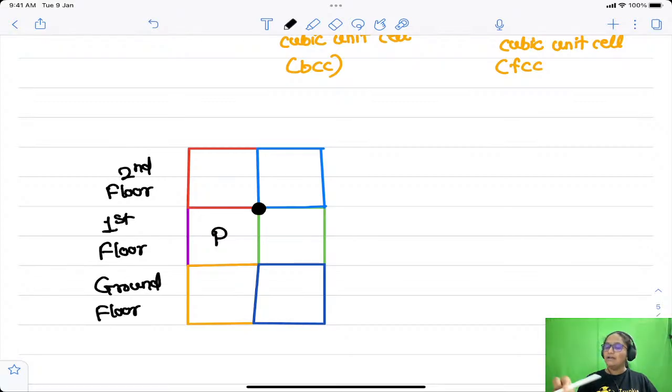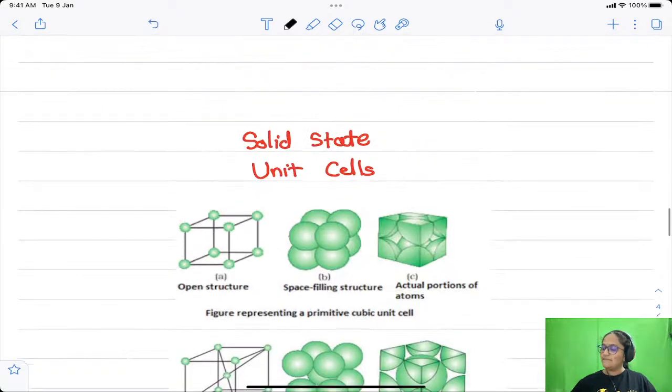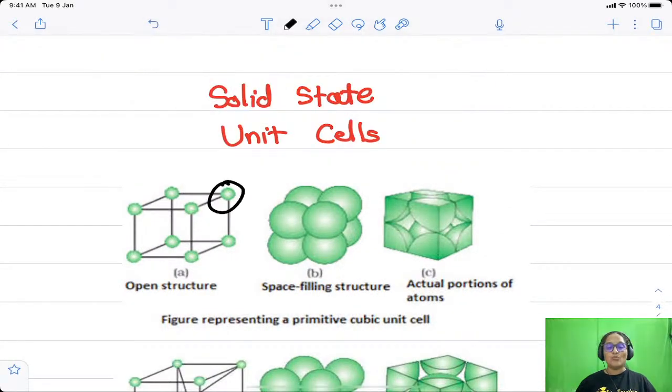Even if it is shown like this, as if the atom is only for this cube, ideally only 1/8 part is for this room, this cube. The remaining part is for the remaining 7 rooms or remaining 7 cubes.